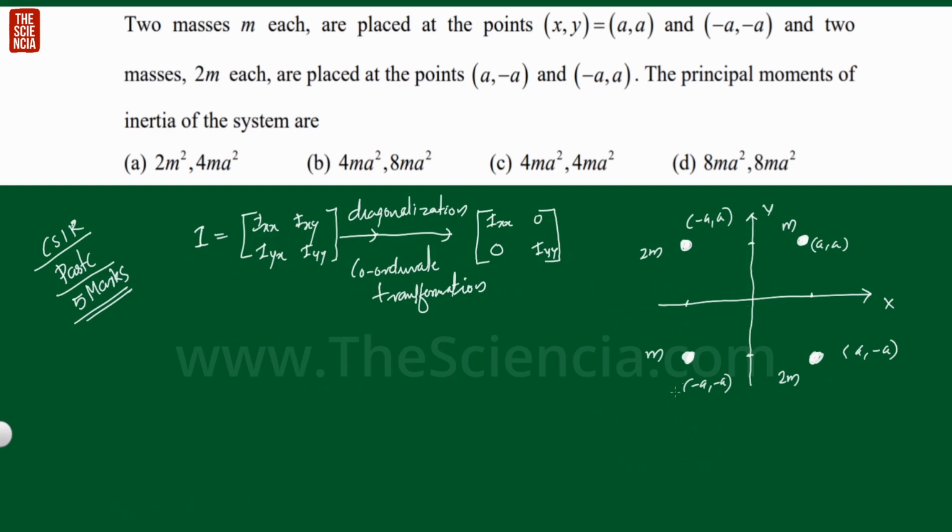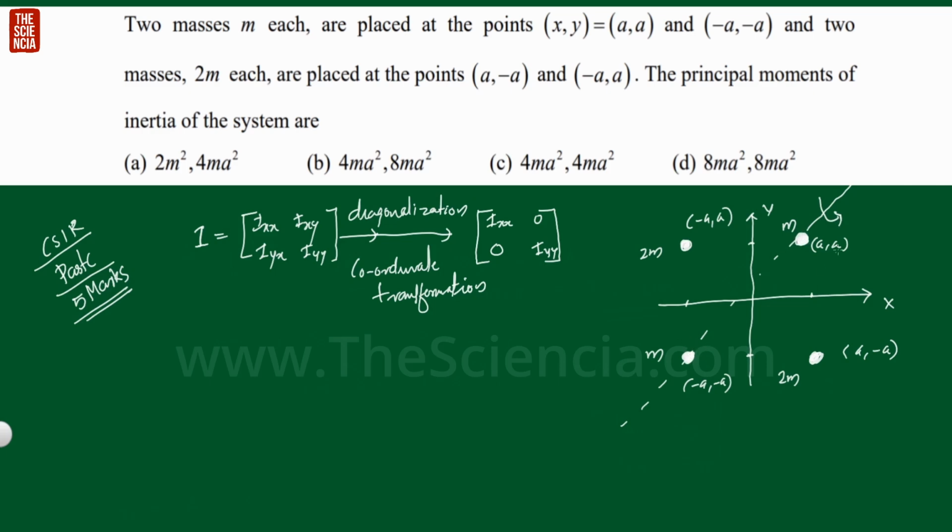Here you see this problem. In this problem, suppose I am taking this axis. If I am taking this axis and the body is rotating about this axis, then there will not be any contribution to the moment of inertia due to these two masses.